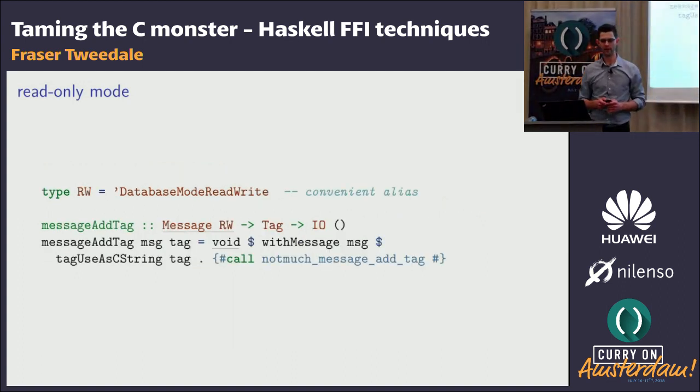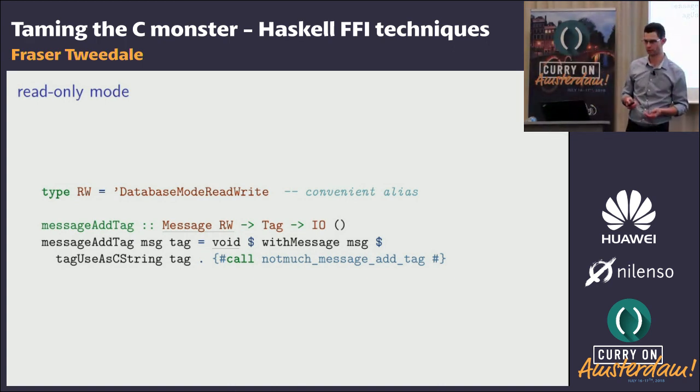Then we can define our functions that require read-write databases to work properly, as defined over message read-write, as opposed to message A or message read-only. In this way, we can ensure at compile time that functions that require read-write access can only be used with a database that was opened in read-write mode.